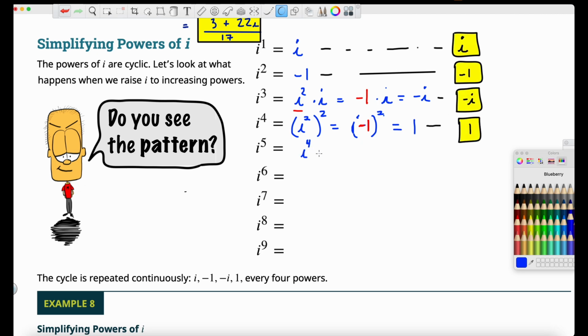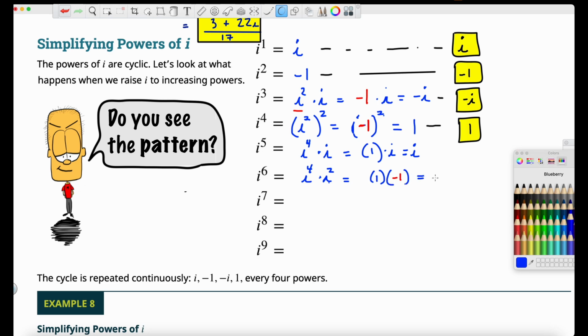Let's continue. i to the fifth is going to be i to the fourth times i. Well, I already know i to the fourth is 1, so this is going to just be i. i to the sixth, we can rewrite that. There's a lot of ways to do this, but let's say that's i to the fourth times i squared. i to the fourth is 1, and i to the second is -1.